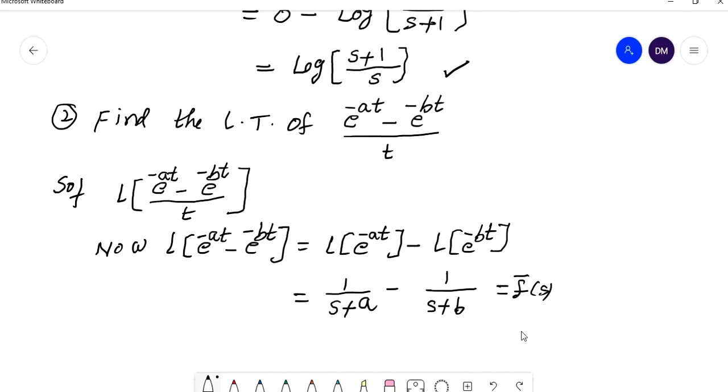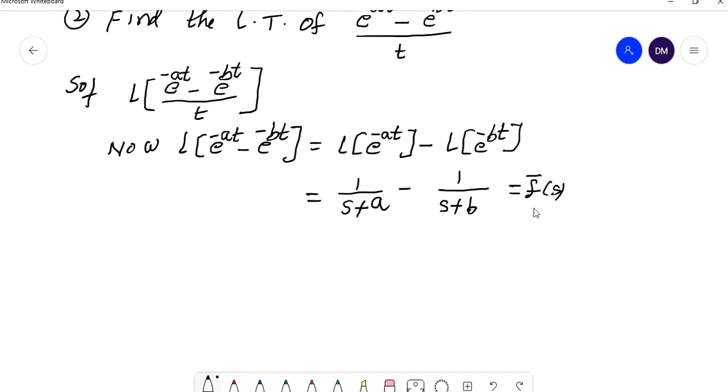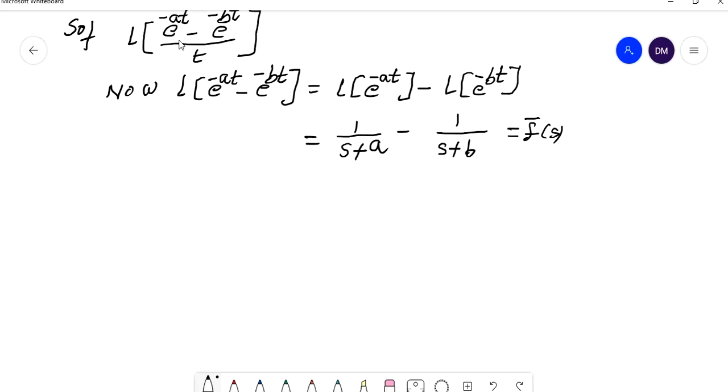Now what do we want? We need L of e power minus at minus e power minus bt by t. For this we can use the division by t property.